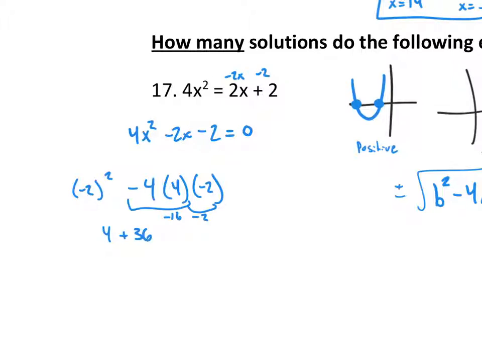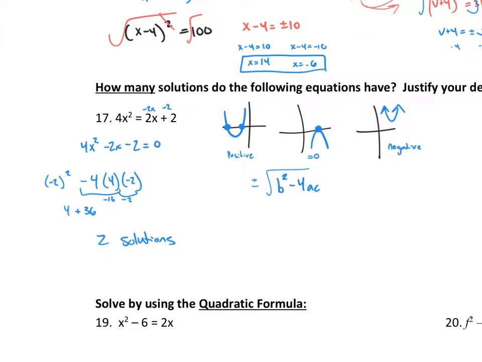And so we get a positive answer. So 17 has two solutions. I'd have to do the entire quadratic formula to figure out what they are, but it does in fact have two solutions because it has a positive discriminant.